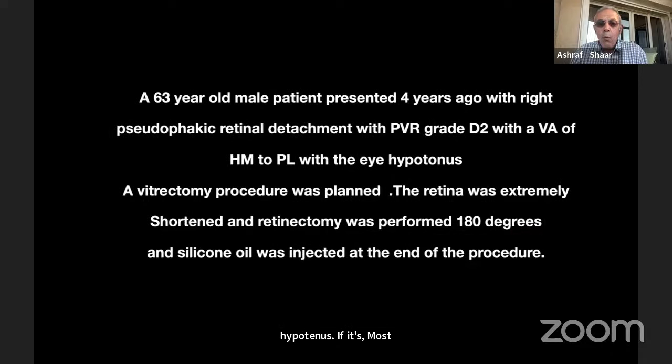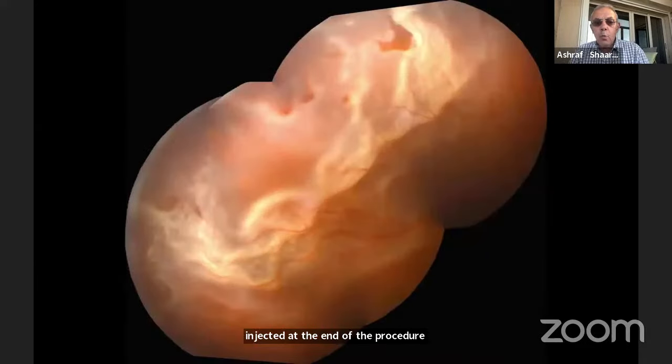The retina was extremely shortened and the retinectomy was performed 180 degrees and silicone oil was injected at the end of the procedure. This was the presentation at the start: multiple horseshoe breaks at the area of the vitreous base with extreme PVR to the retina and a closed funnel, a PVR grade D2.